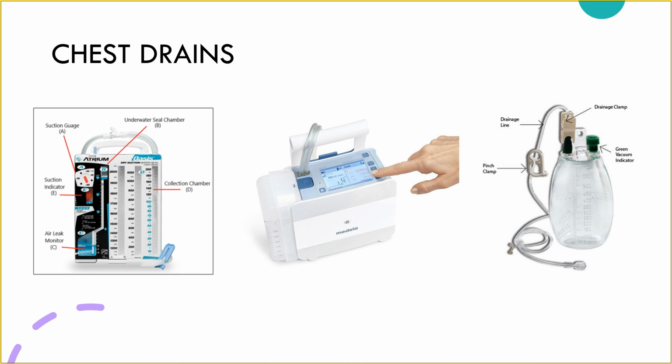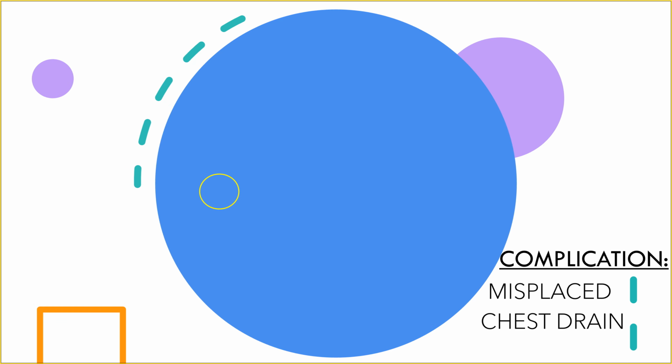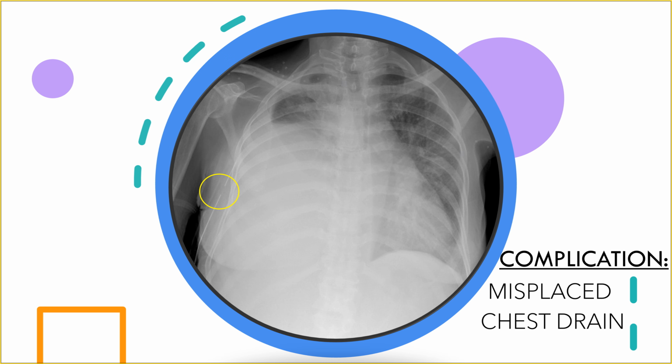So regarding the complications, just two complications of the chest drains we will be discussing. The misplaced chest drains. How does a misplaced chest drain show up on an X-ray? We usually are looking for a fenestration, like in this chest X-ray there is a fenestration in the chest tube, and all the fenestrations of the chest tube should be inside the thoracic cavity.